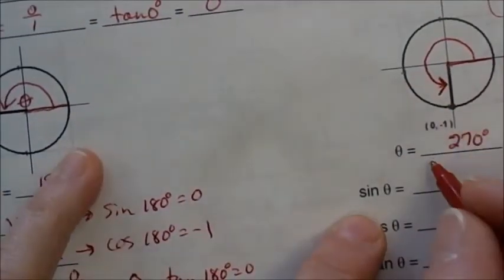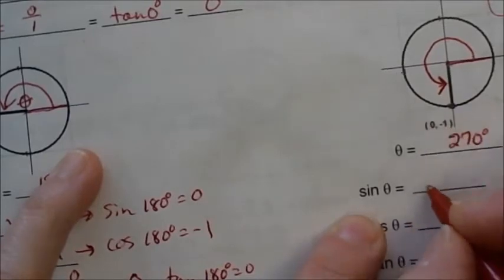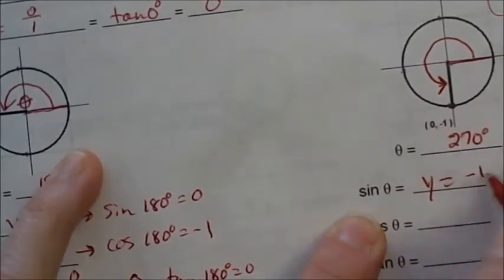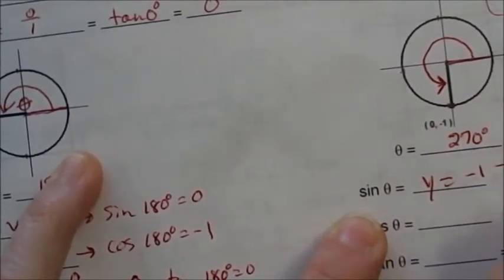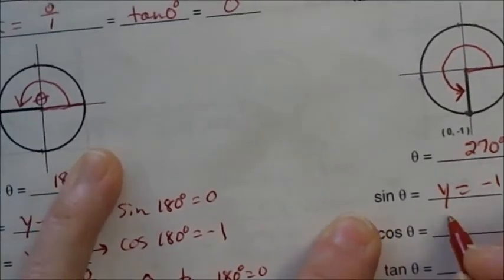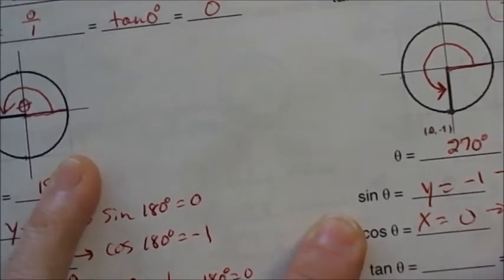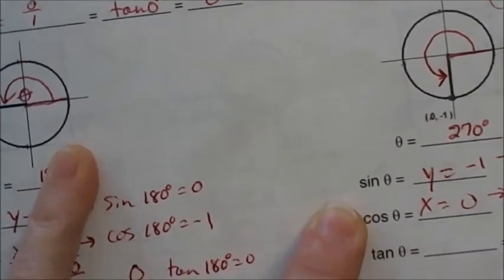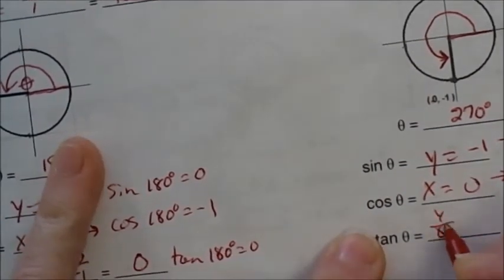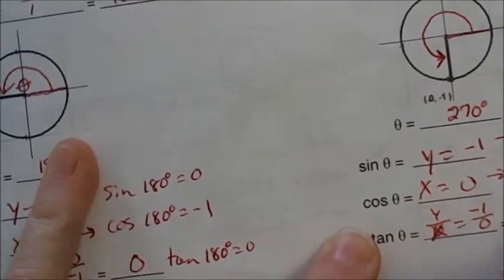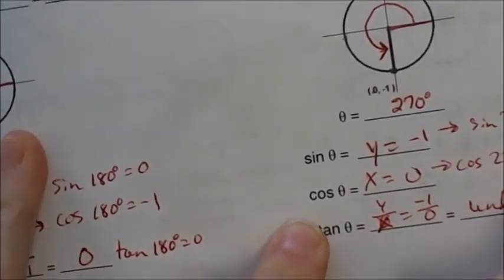And last but not least, we've got 270 degrees. The sine is the y value. The y value is -1. That means the sine of 270 degrees is -1. The x value is 0. It means the cosine of 270 degrees is 0. Tangent is y over x, which is -1 over 0, which again is undefined.